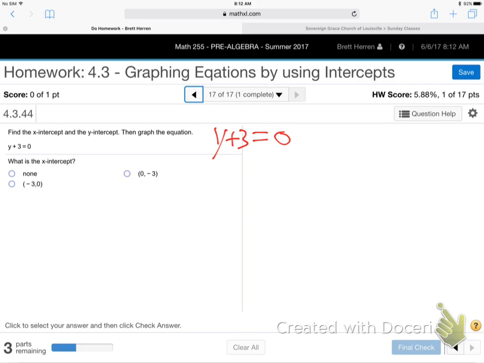All right, so what do we do first? Subtract the 3. So y is minus 3.